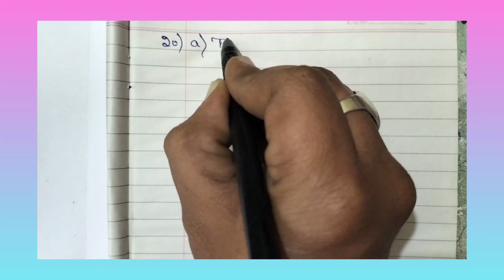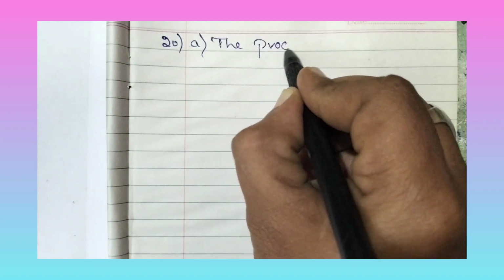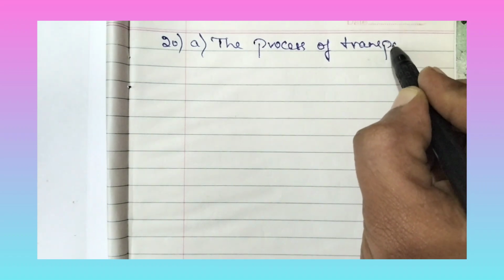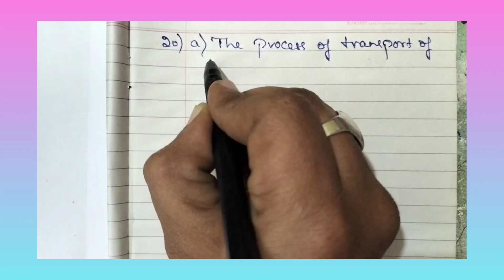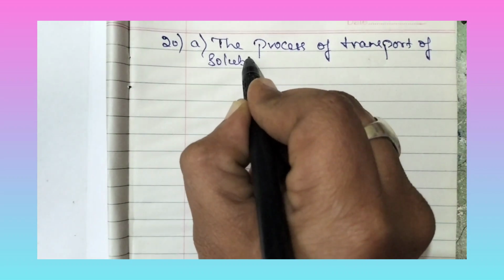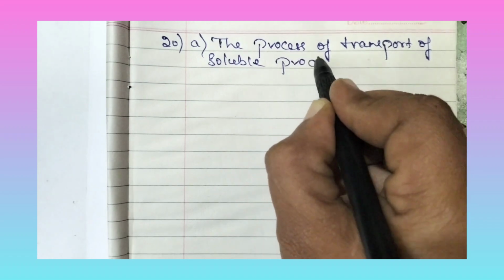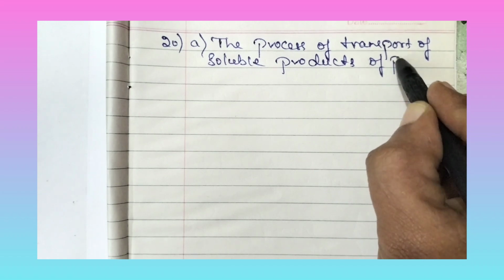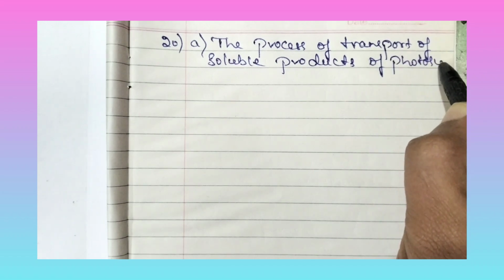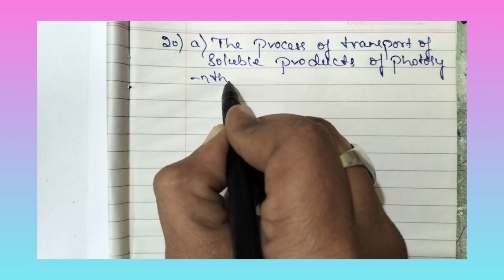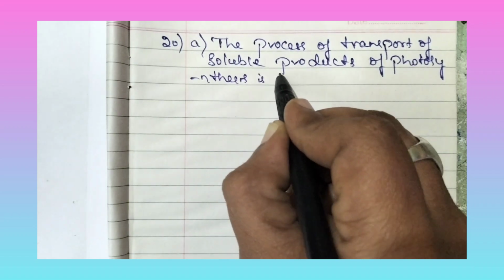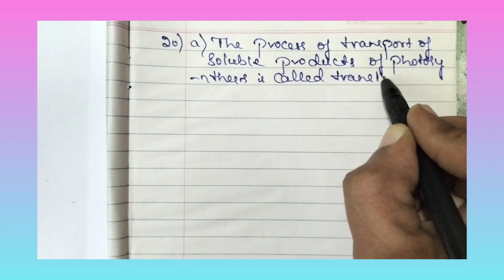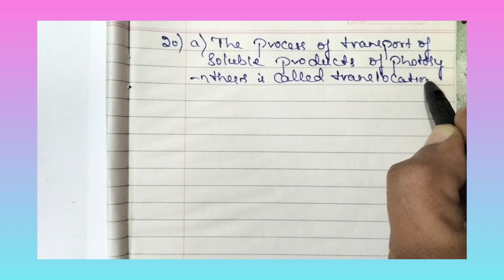Translocation is the process of transport of soluble products of photosynthesis. This is the definition of translocation.